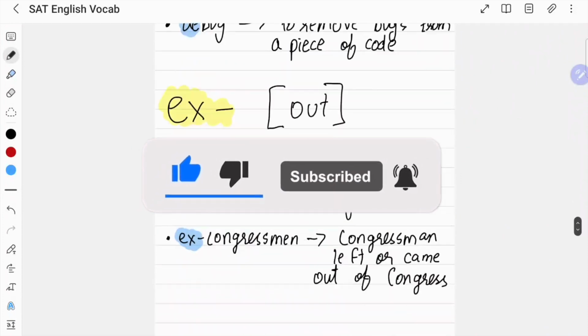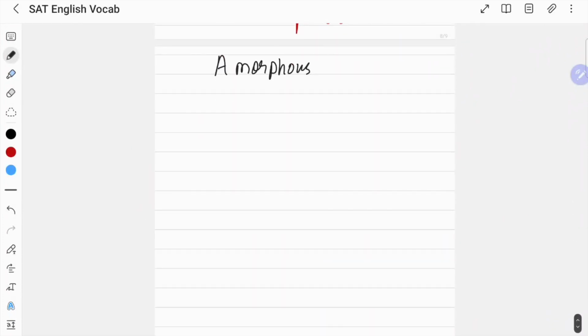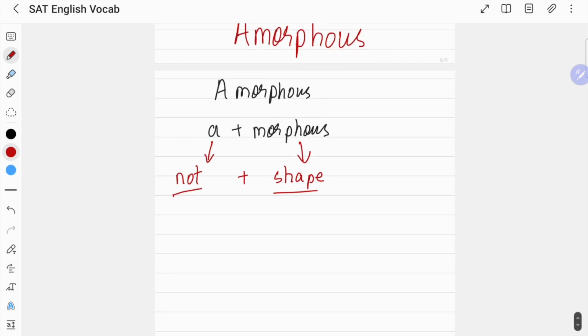Alright, so let's break down this word. We can use it as a plus morphous. So a normally means something which is not, and morphous is to shape. So doesn't that make more sense?